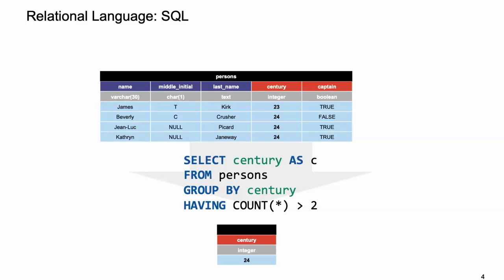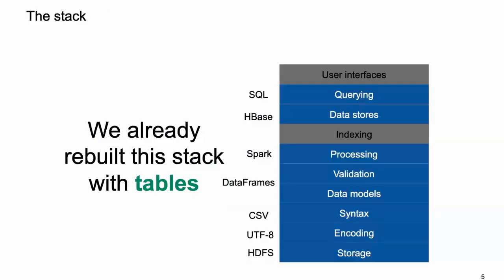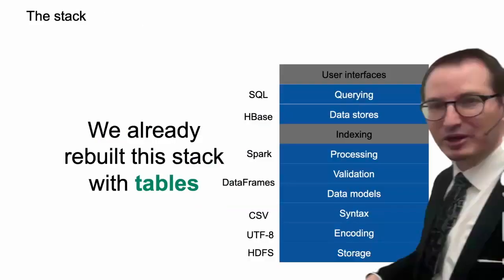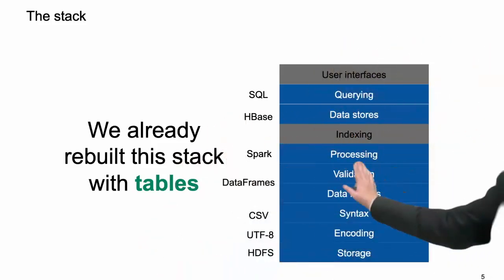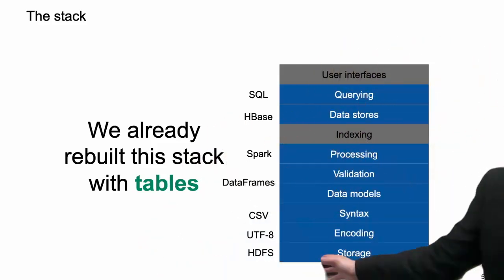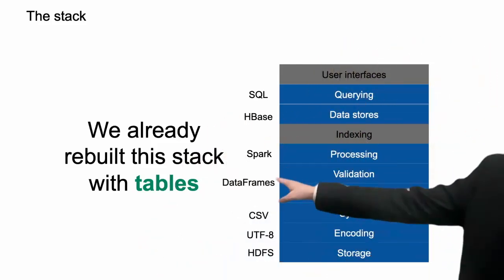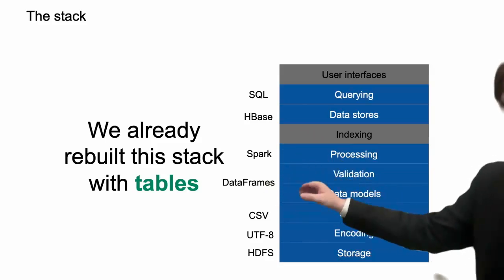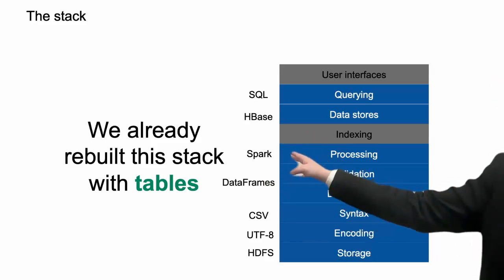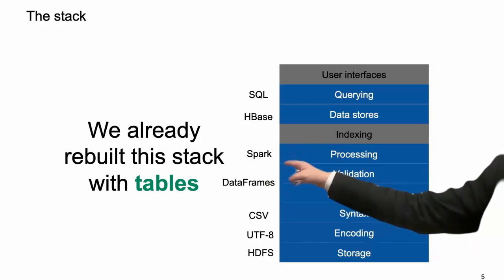And it works very, very well within that domain if you have homogeneous data in the first normal form. So for this, we are doing really well. We've already even rebuilt that stack in the case of SQL. You know, we did all of that. Even data frames, if it's not nested, then that's a table. We can use Spark. You saw how you can select, project, join, group, and so on with Spark.